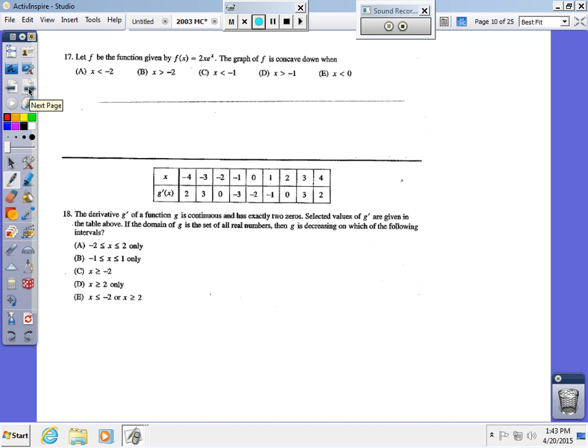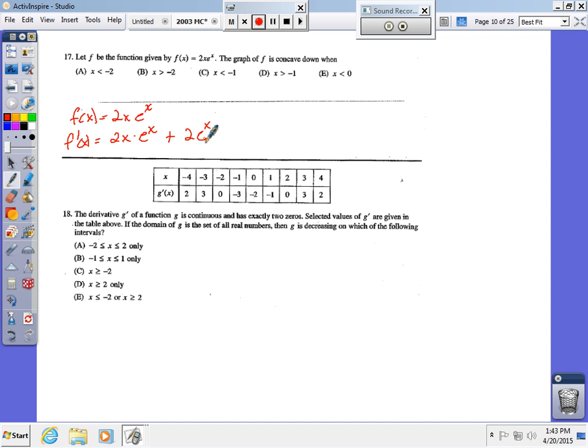Last two here, let f be a function whose graph is concave down. So second derivative. All right, so f of x is equal to 2x e to the x. I'm going to do product rule. So f prime of x is 2x times the derivative of e to the x, plus 2 times e to the x.